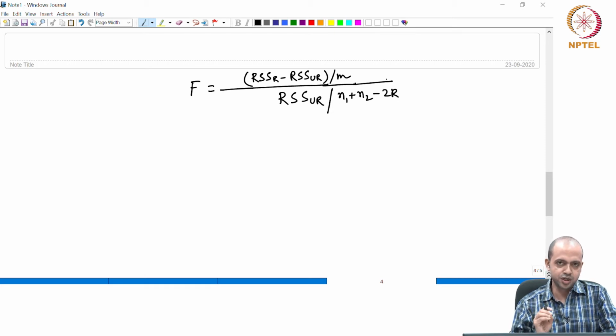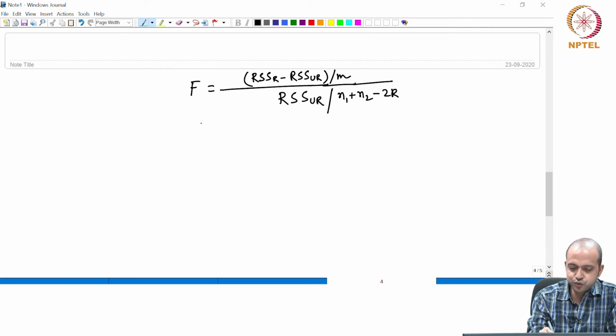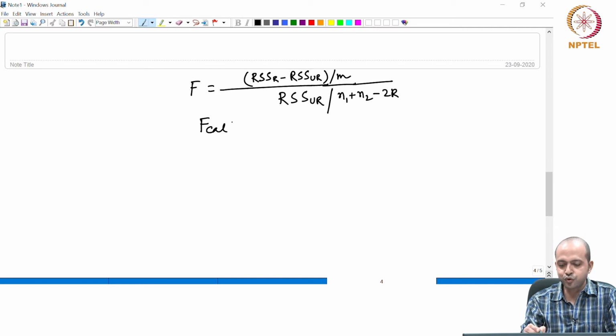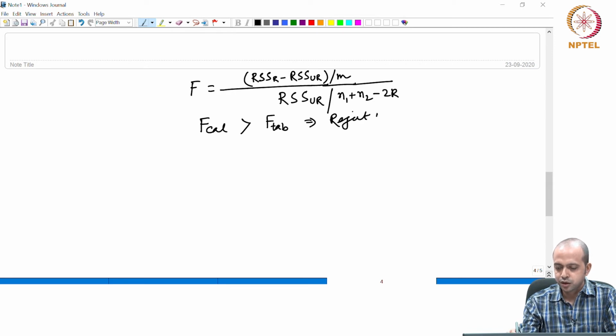So these 3 equations you have to estimate to construct this F-statistic, and this will become your F calculated. And again you have to compare the F with your tabulated value. So from the F table, if it is greater than this, then you reject your null, reject H naught. And what is H naught?